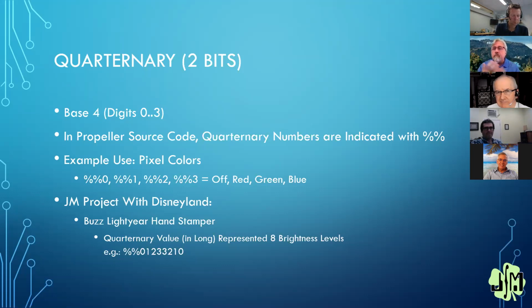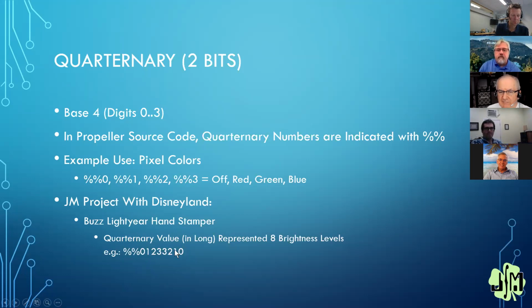They only had 8 outputs, so that worked out perfectly, because they were used to making table-driven lighting displays anyway. For each section of the animation, we had a long that was expressed as a quaternary, and then they could have 4 light levels if you include off as a level.